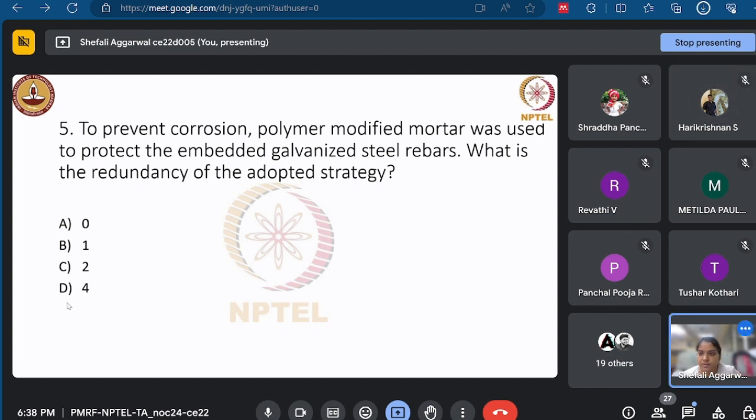See, wait. In case of galvanized rebars, we are telling our coating is getting removed, right? When corrosion is happening. So, if we are adding polymer modified mortar, these polymers will react with the zinc ions and they are forming another type of protective layer over the steel bar.